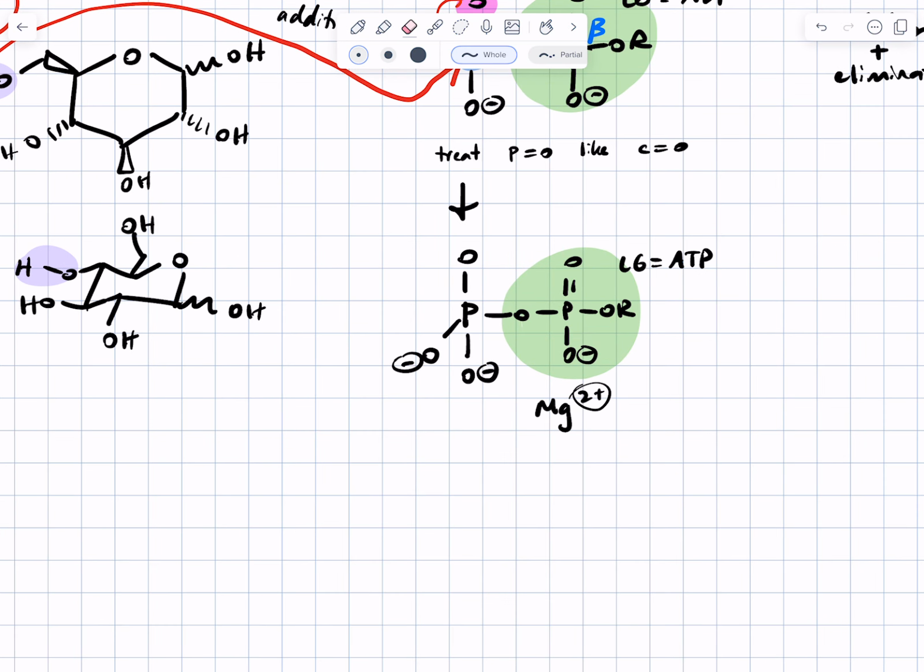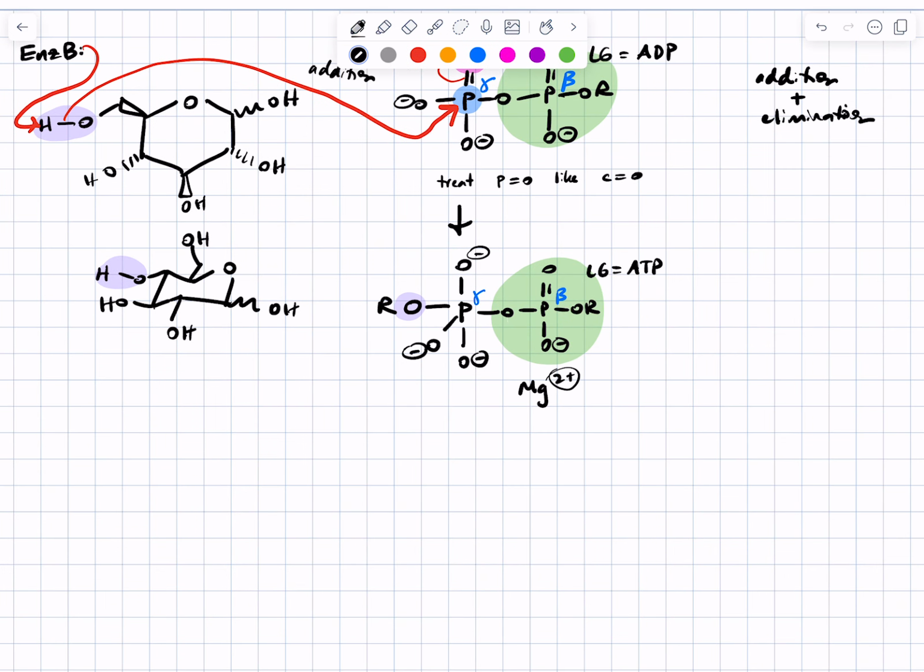Now, I'm already drawing it wrong because I was talking while I was drawing. This is the gamma phosphate group. This is the beta phosphate group. This is the oxygen from glucose. I'm now going to abbreviate glucose as just R to make our drawing simpler. Then electrons on one of the negatively charged oxygens, actually doesn't matter which, kick down and kick off the leaving group, and that's the elimination step.